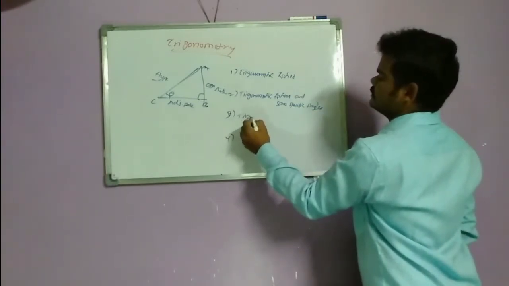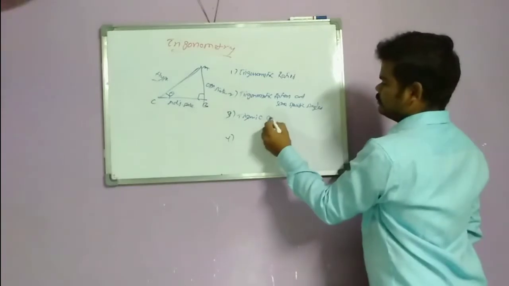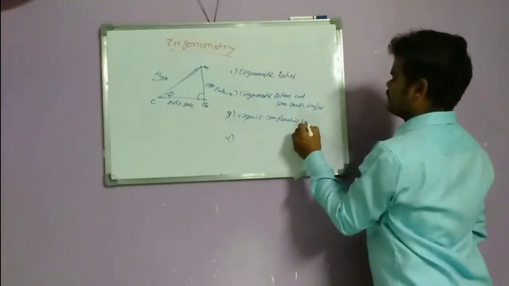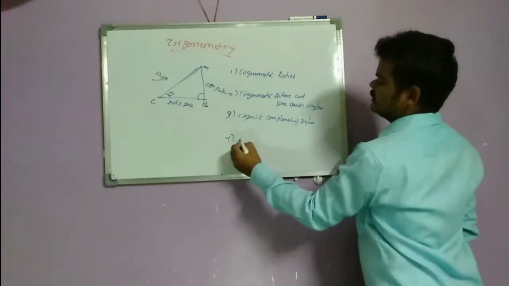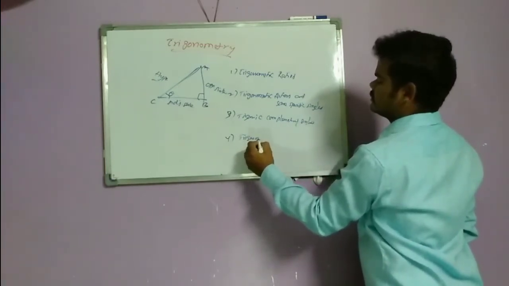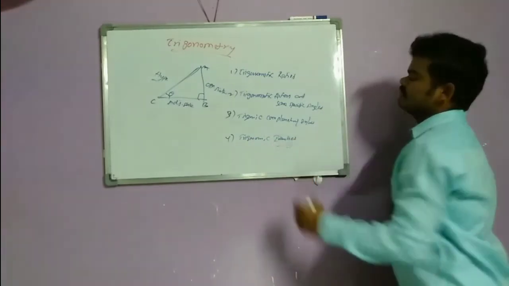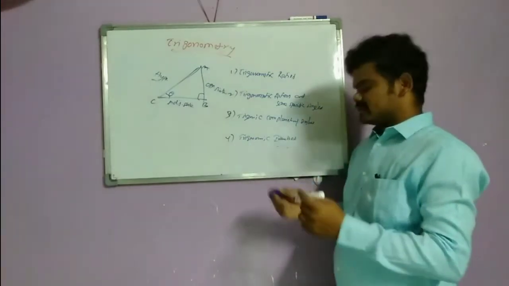Then trigonometric complementary angles. And trigonometry identities. These are the four topics which we are discussing now.